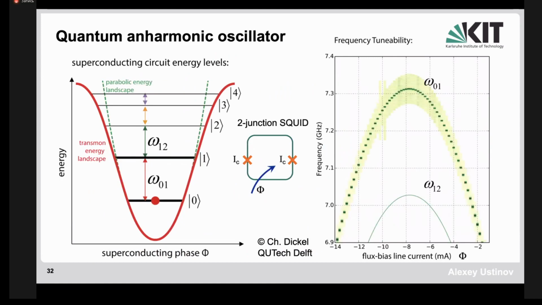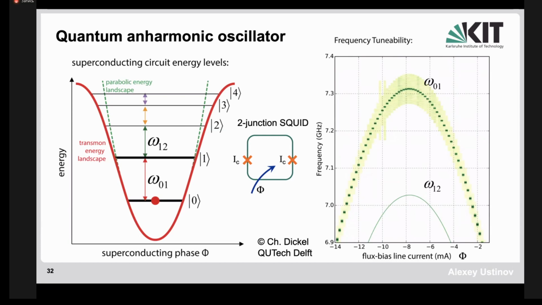And if you apply magnetic flux, then you simply can change the amplitude of this potential, because you modulate the critical current of the whole junction. Now you have another wire which goes to the capacitor, and then this wire goes there. So instead of a single junction, you have two, and you control the height of the potential by applying the external magnetic field.